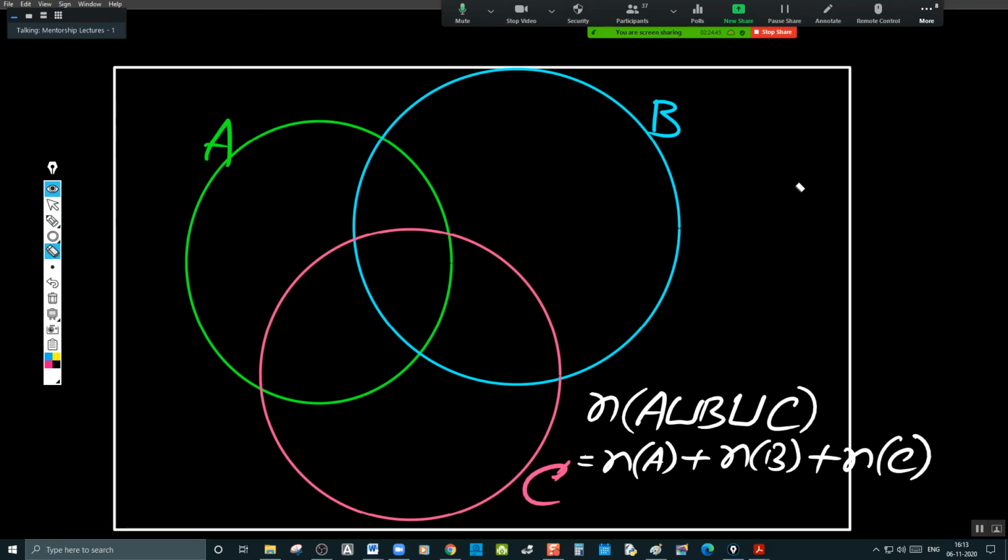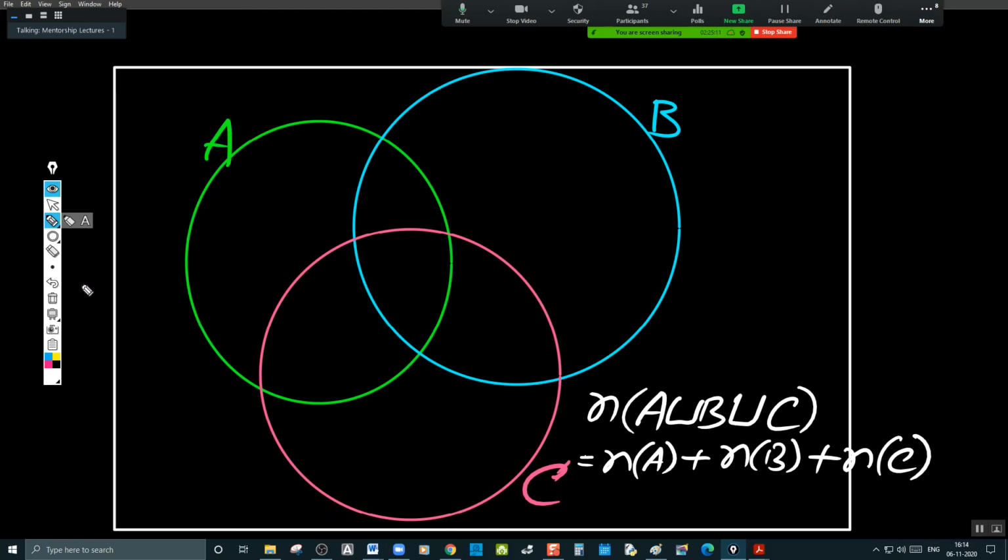So here, if I write N of A, this N of A consists of B intersection A and also A intersection C. Accept it first of all. Yes, sir. N of A contains A intersection B and as well B intersection C. I'll show it for your better understanding.